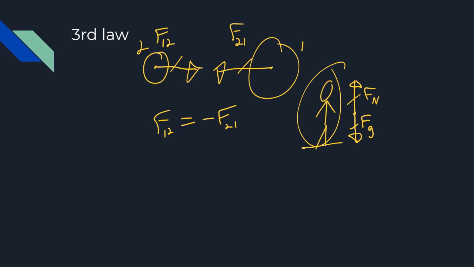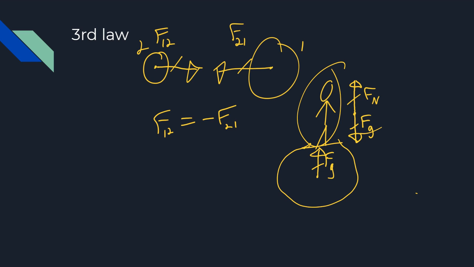Now, if I wanted to know what Newton's third law was happening, I would actually have to draw the Earth, okay? So there's my little tiny Earth underneath my dude. So if I wanted to know what force had an equal and opposite one on my guy, it would actually be the force of gravity that my guy pulls on the Earth.